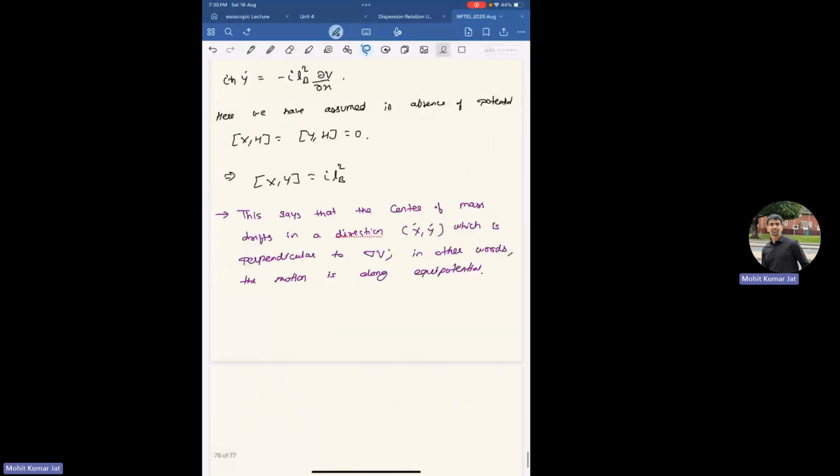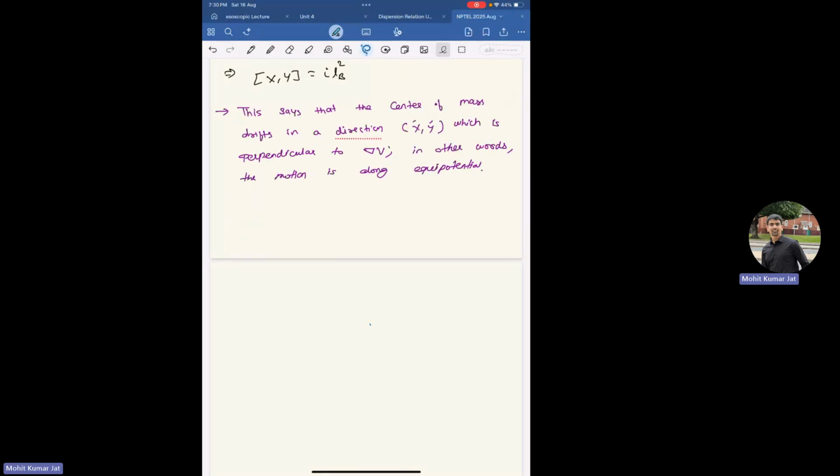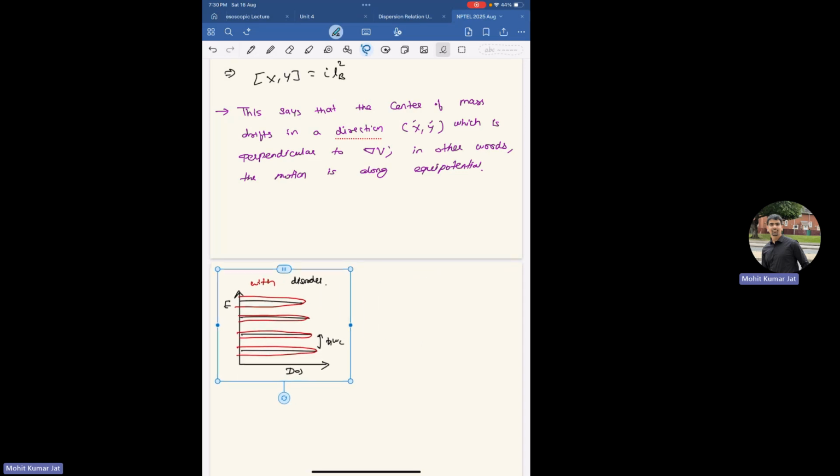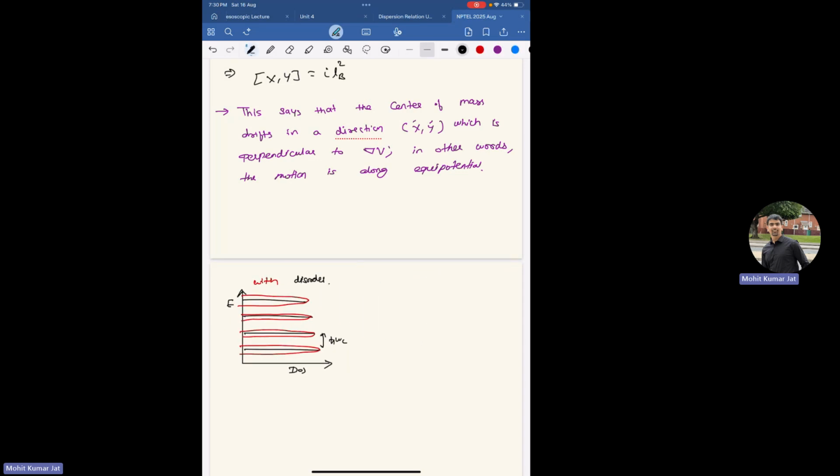The density of states will look something like this, with the black ones being the extended states, and the broadening which is coming to these ones, the red ones, they are the localized states.